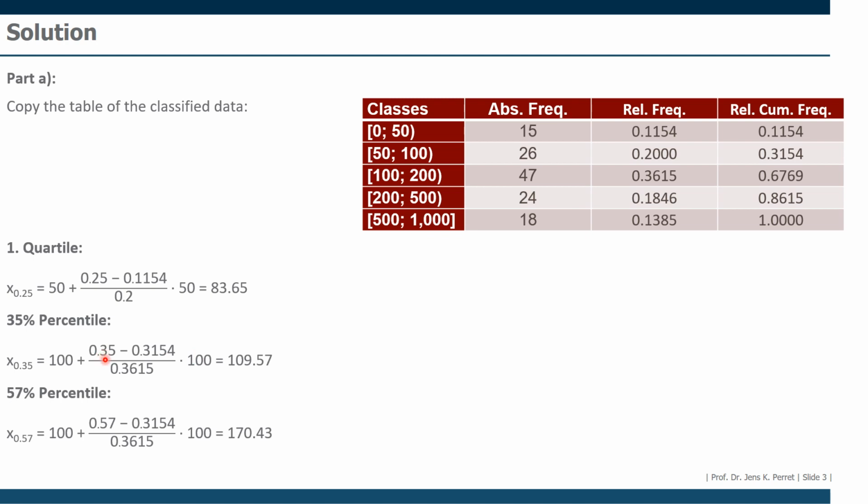The only difference is the value describing which percentile we're actually working with. So if we calculate this, we get as a result 170.43. Well, that was already part A, the first of the two classified data sets.